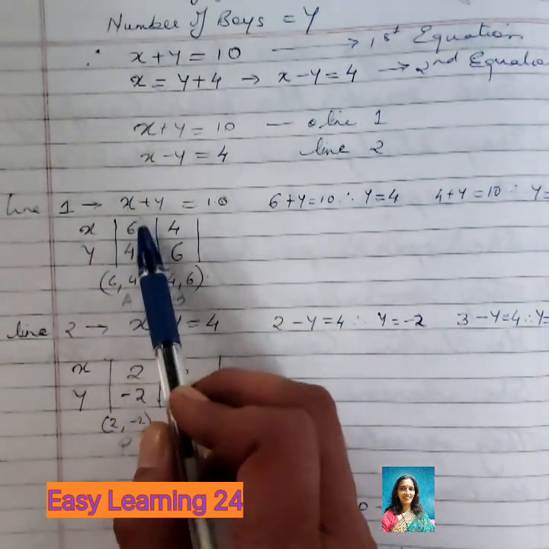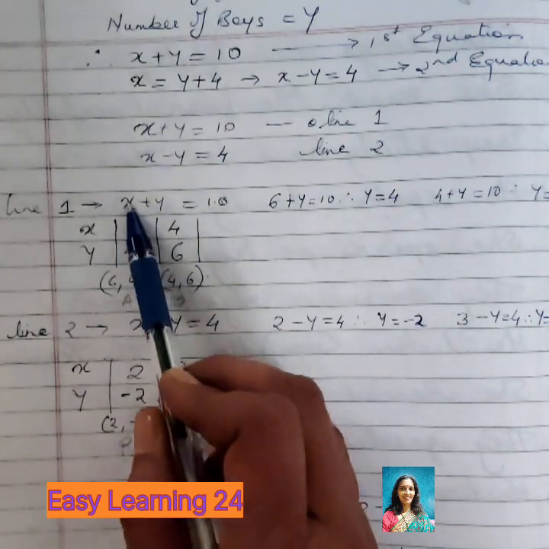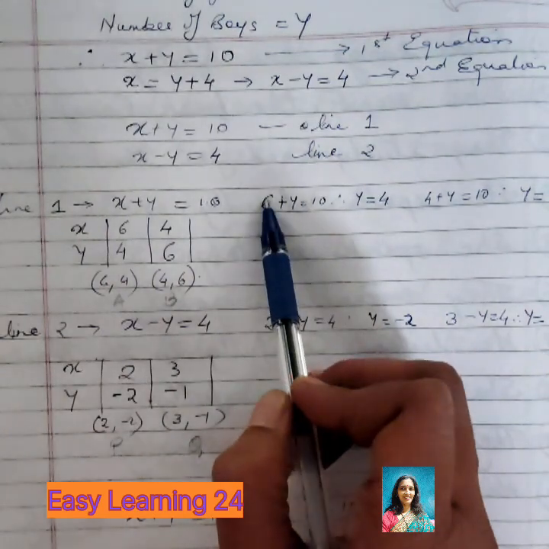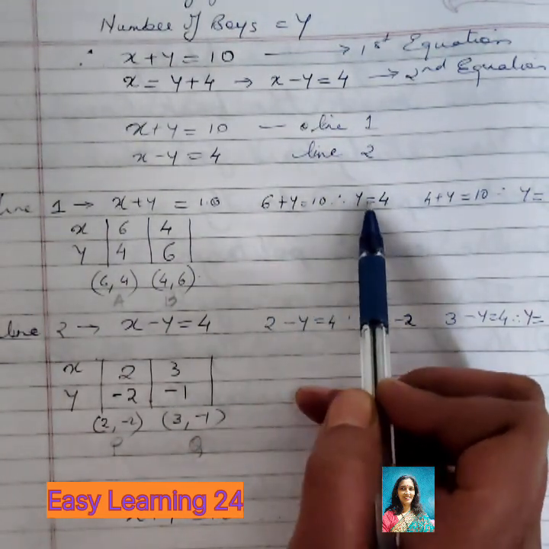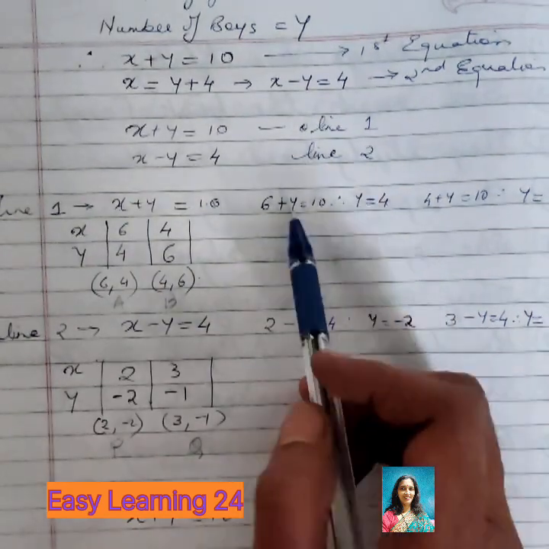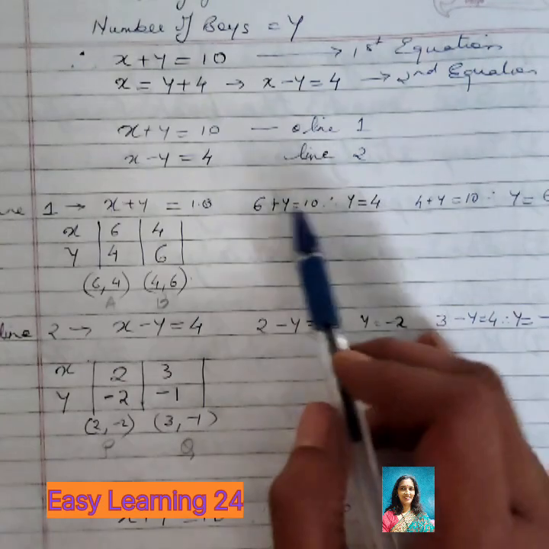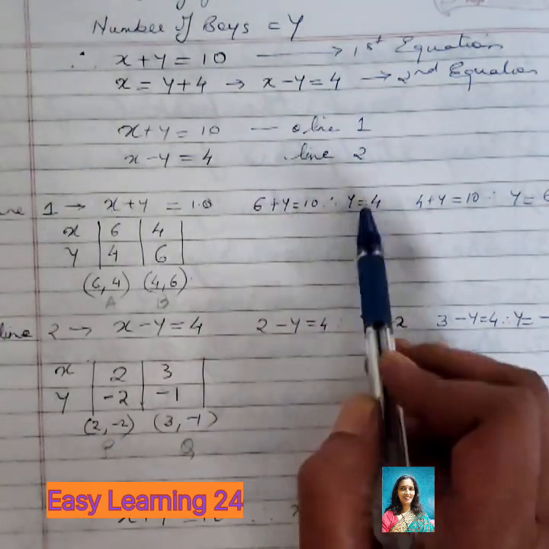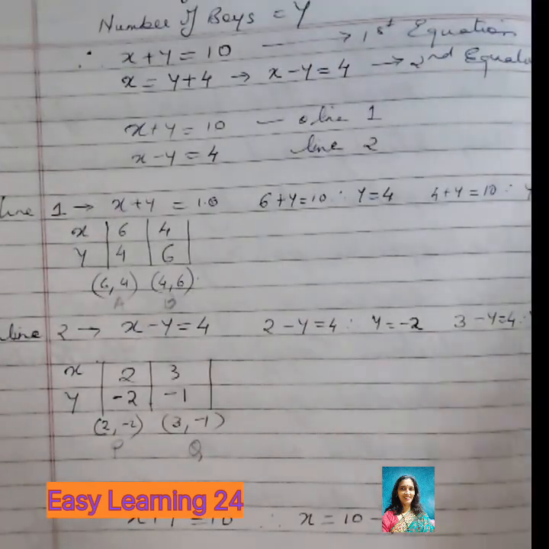So first x we have assumed as 6, and if you substitute x over here, what will happen? See, I have put 6 over here. 6 plus y is equal to 10, therefore y is equal to 4. How y is equal to 4? 10 minus 6, right? You take 6 this side, 10 minus 6 is equal to 4. So y is equal to 4.